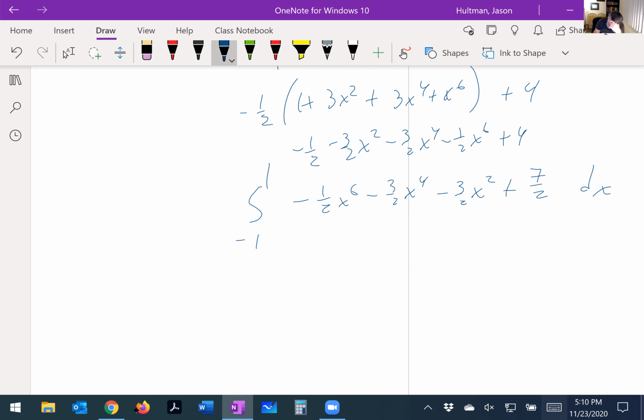And so this becomes negative 1/14 x to the 7th minus 3/10 x to the 5th minus 1/2 x cubed plus 7/2 x, from negative 1 to 1.